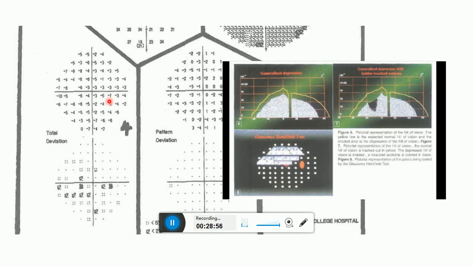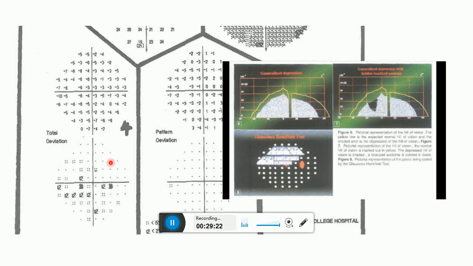A number with no sign on the total deviation numerical plot indicates better retinal sensitivity. Since the lower 5% of the data collected from the normal population is considered abnormal, all the abnormal data on this printout does not imply a disease state.